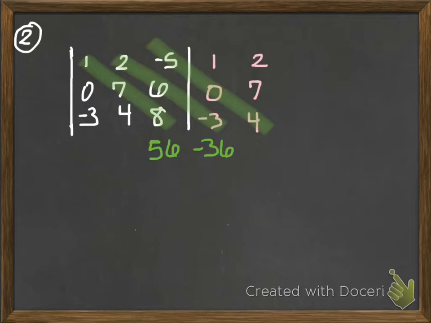The last one, negative 5 times 0 times 4, is 0. Again, zeros are nice. They help you with doing your thing. So watch for those zeros, and where they reappear, it helps. So what is the down total? 56 minus 36 plus 0 is 20. So my downs are 20.